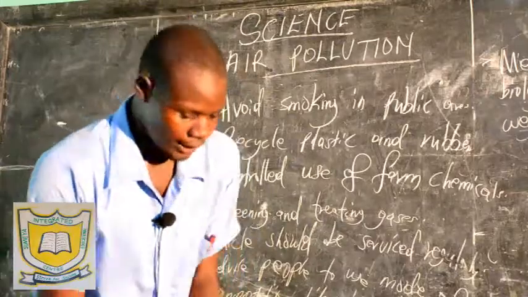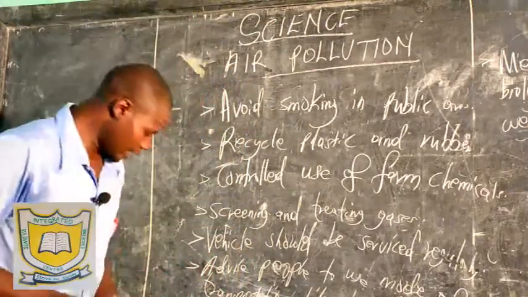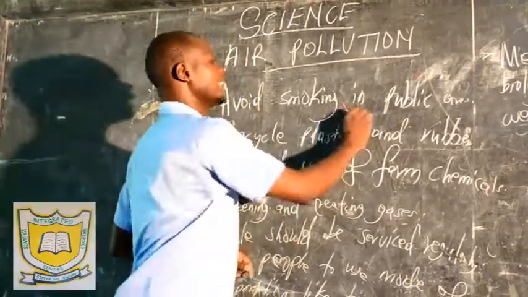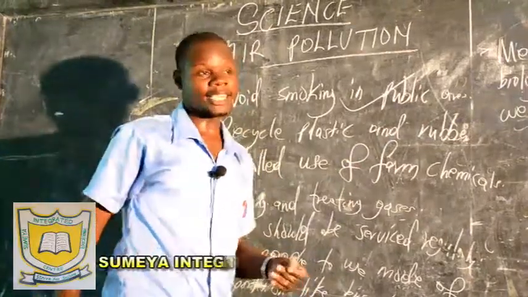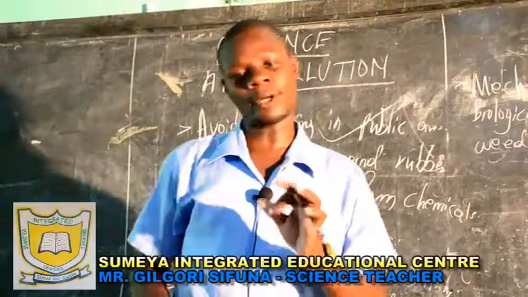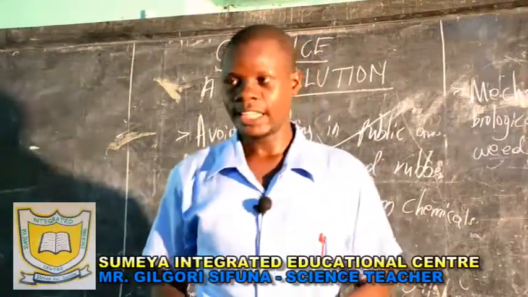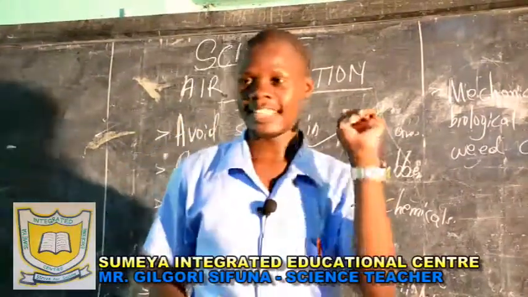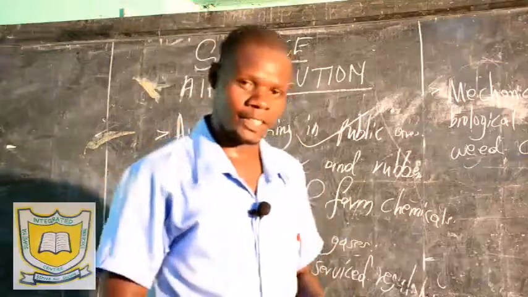I said we can control air pollution by avoiding smoking in public areas. You understand, the person smoking is not the only person who will be affected. We have two types of smokers, the active smokers and passive smokers.